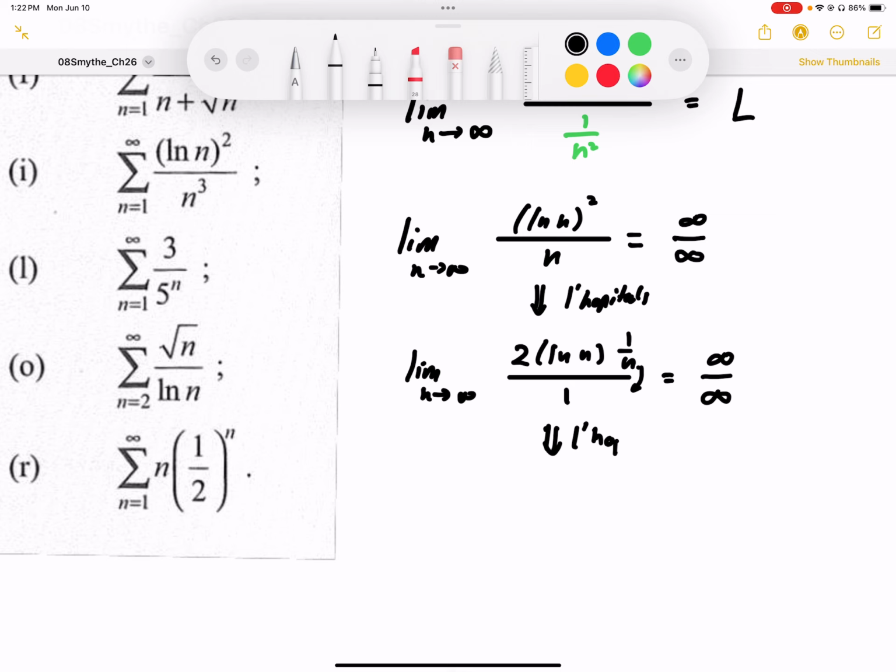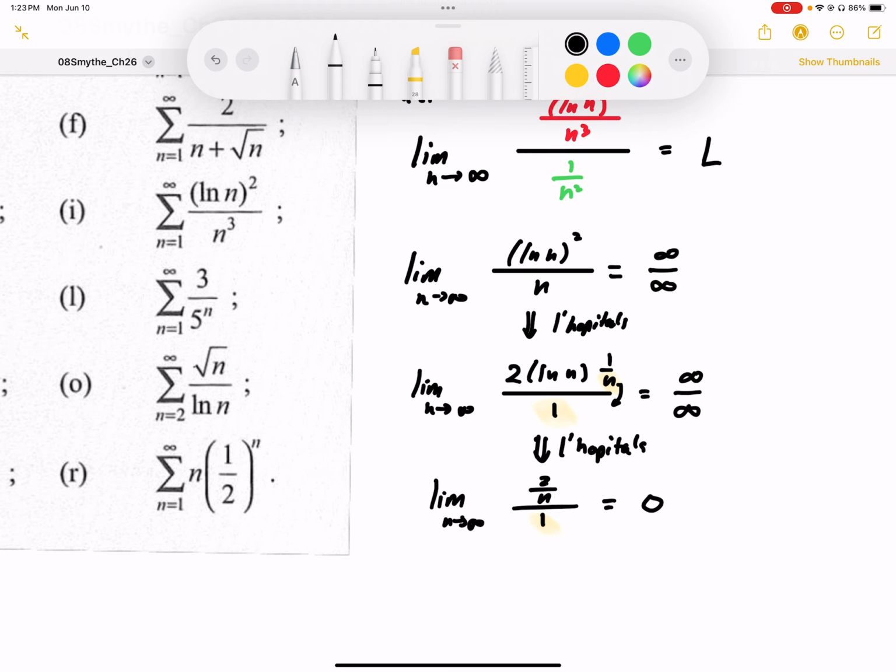The limit as n approaches infinity, I'm going to get 2 over n, and this n in the denominator is going to differentiate to 1. When I apply my limit, in this case, it's equal to 0.